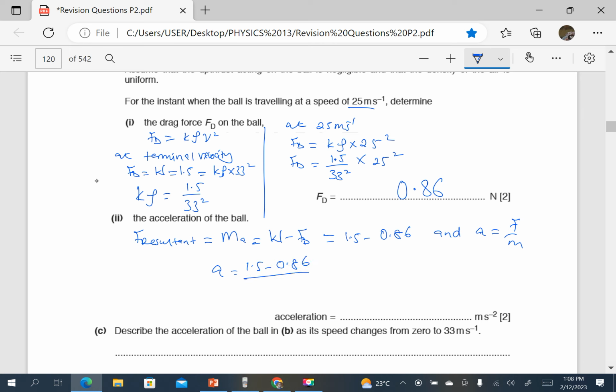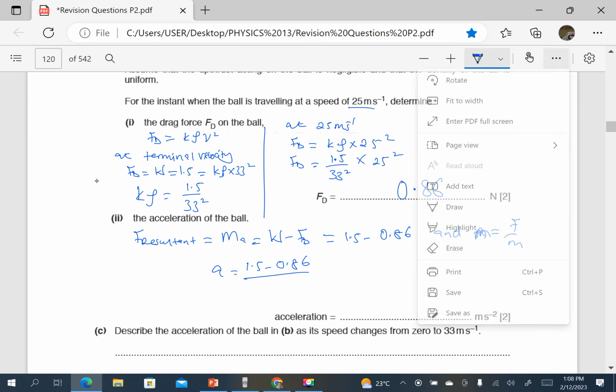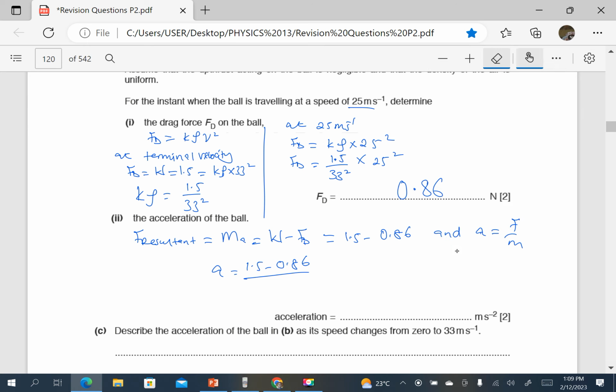And the mass, I'll simply put here mass being equal to the weight over acceleration due to gravity. That is the mass. Because I want acceleration as the difference divided by the mass, I'm making A the subject, dividing both sides by m.